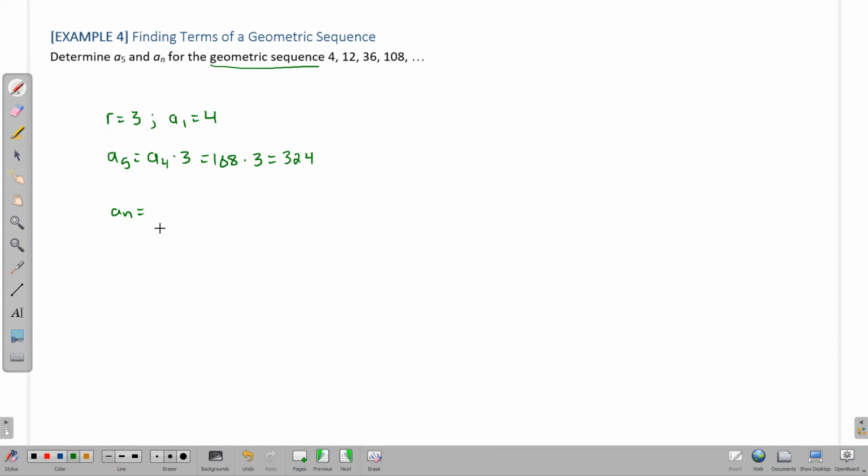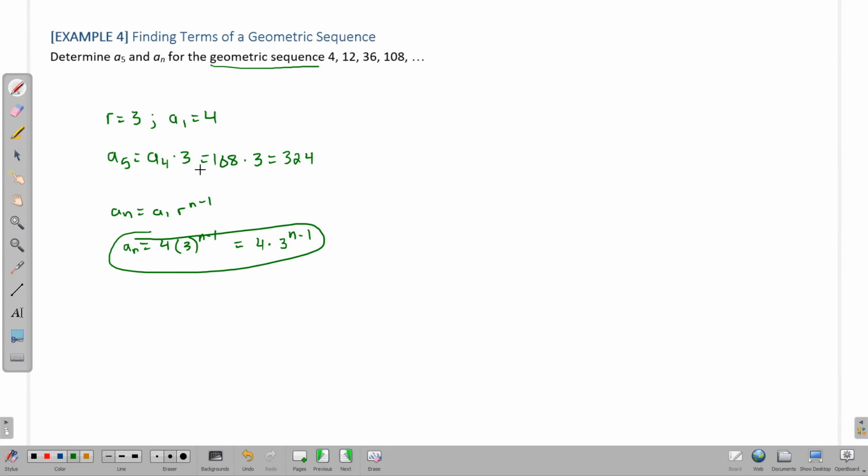So a sub n equals a1 times r to the n minus 1, which is going to be 4 times 3 to the n minus 1. Now this one, I wrote the parentheses. You don't need it on this one because it is a positive common ratio here. But if you're not going to write the parentheses, then you need to at least have a multiplication operator there. So I still think this probably looks better than this. All right, and that's all they asked for on this one.